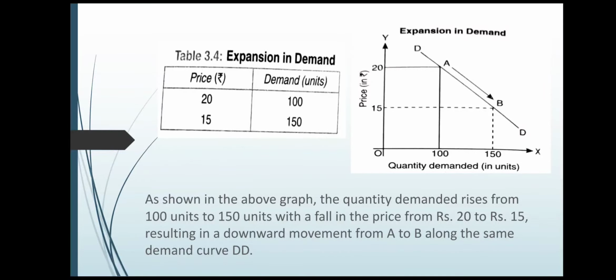So as shown in the above graph, quantity demanded rises from 100 units to 150 units with a fall in price from rupees 20 to rupees 15, resulting in a downward movement from A to B along the same demand curve DD. Okay, so this is the description that we have just now discussed.